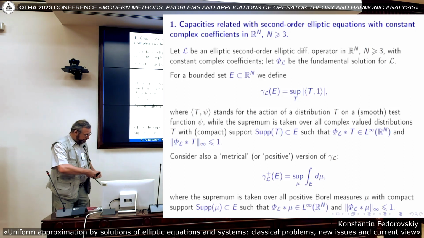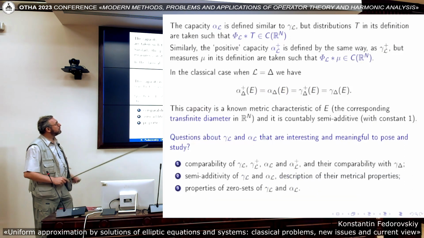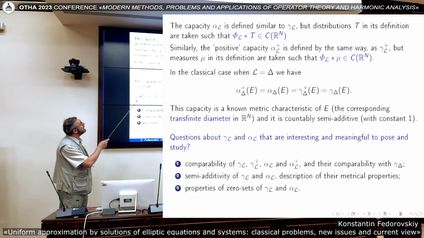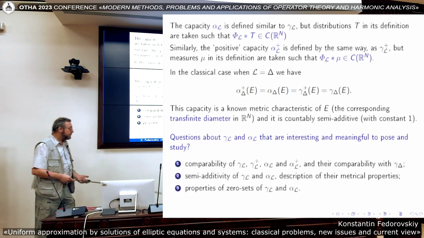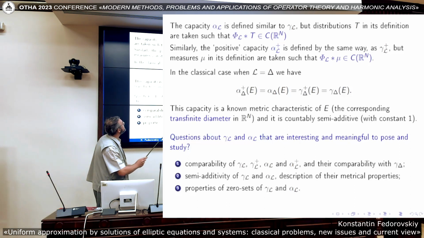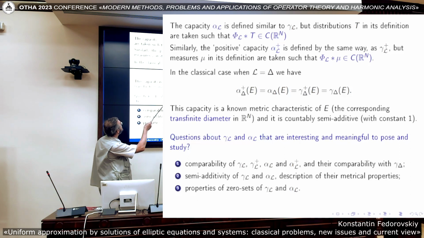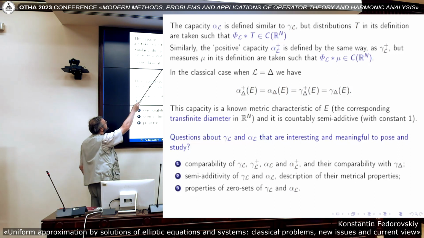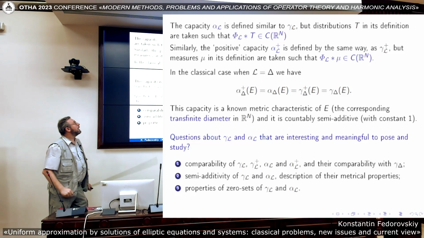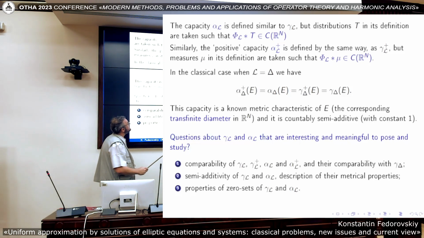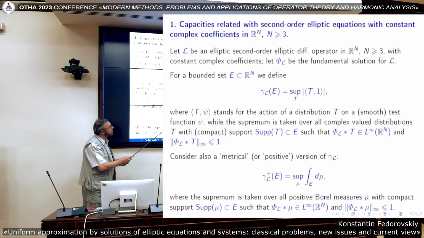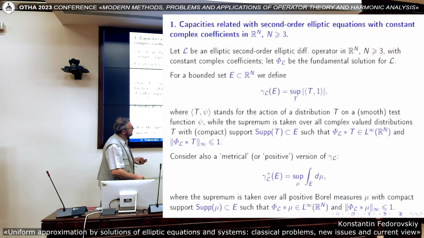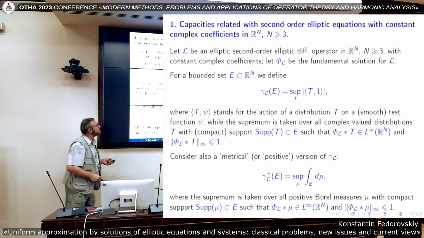Also, we need two more capacities, the capacities alpha and alpha plus, which can be defined in the same way, with the difference that we use distributions such that this convolution is continuous in all space, and the same for alpha plus. In the definition of this capacity, similar to gamma plus, the supremum is also taken over positive Borel measures with the same property, of course.